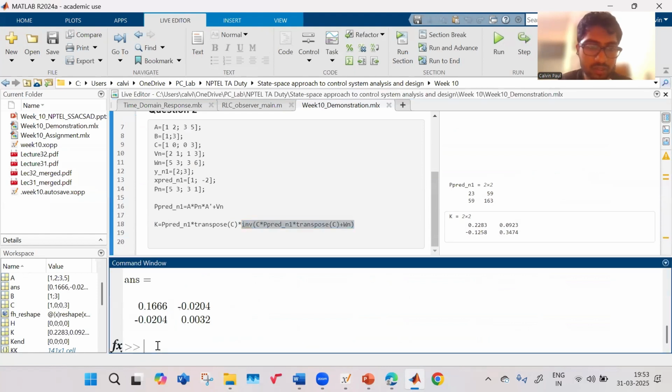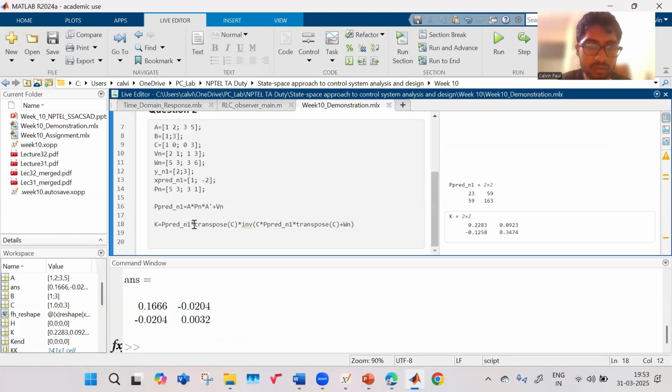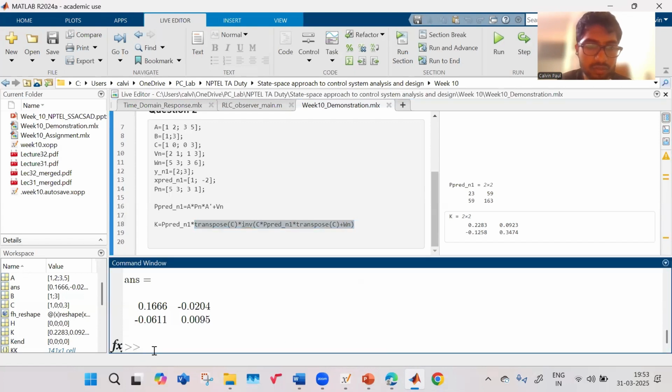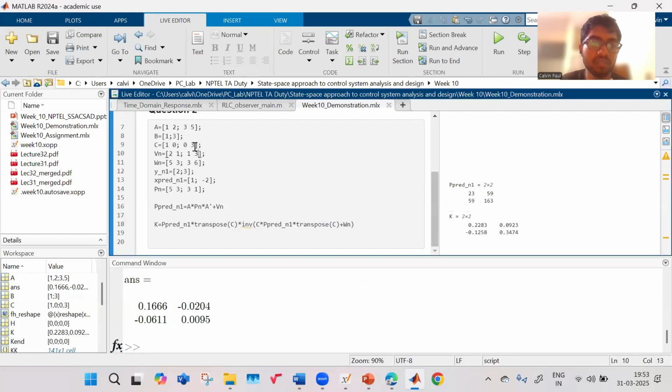Inverse of this is also symmetric. This into this is not symmetric, because the C matrix is not symmetric. So that's why it is not symmetric. So this is the predicted gains K, which are required.